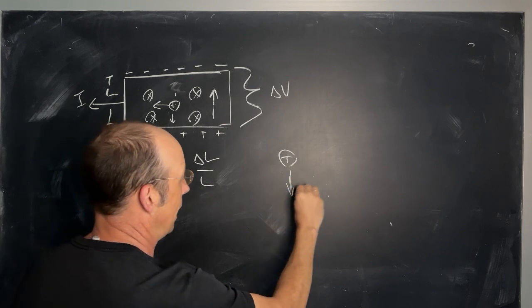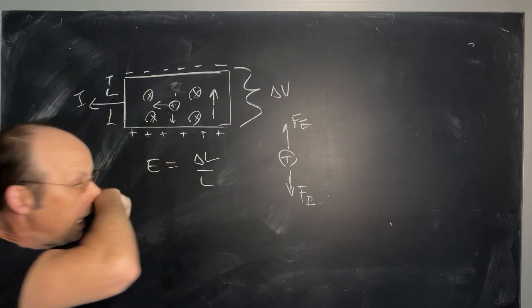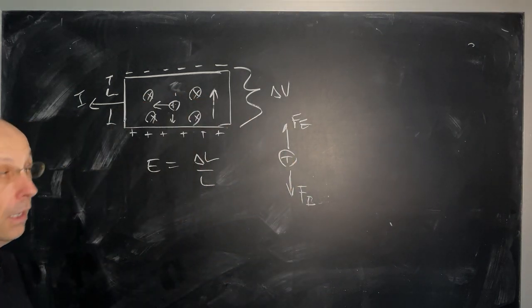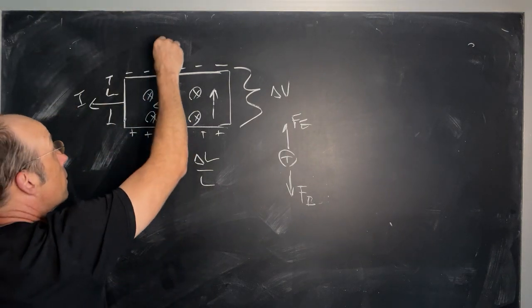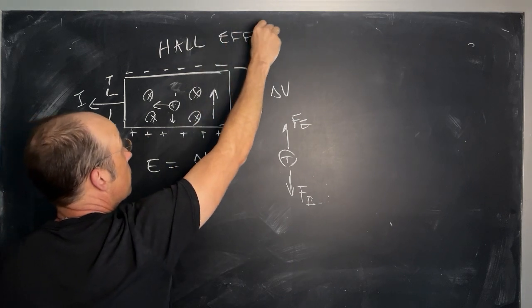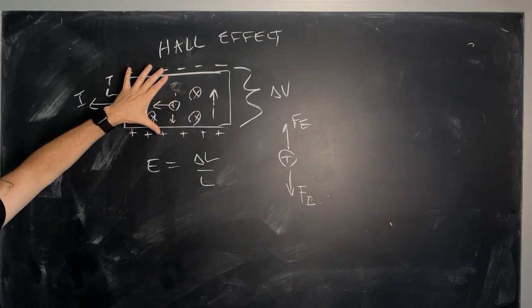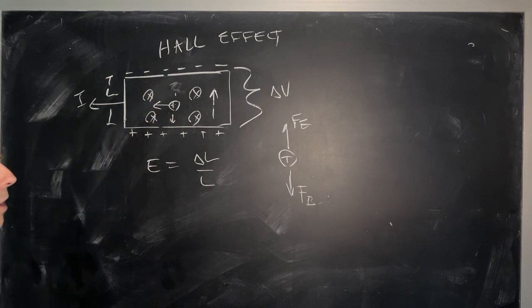I have a downward magnetic force F_B, an upwards electric force F_E, and the net force is 0 and it just moves along like it did before. So the point is, this is called the Hall effect. You apply a magnetic field, it's going to cause this charge separation on the wire that you can actually measure. You can measure that change in potential.